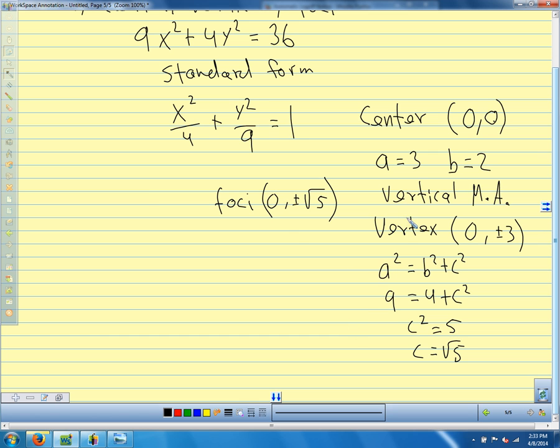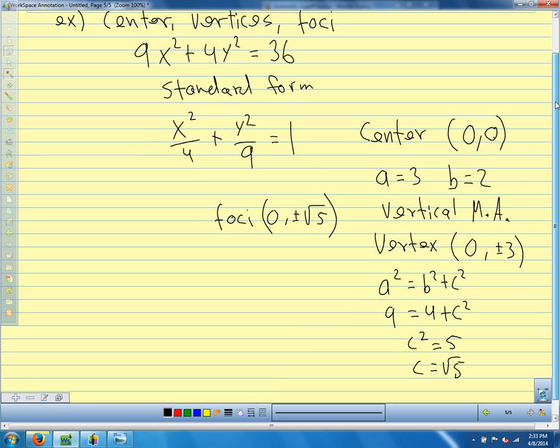And if we needed to, we could get a pretty accurate sketch of our ellipse by plotting our center at 0, 0, ends of my major axis at 0, plus or minus 3, ends of my minor axis at plus or minus 2, 0, and move left and right, and I would be able to plot out a rough sketch of my ellipse like so.